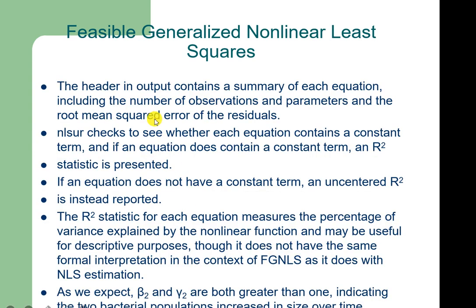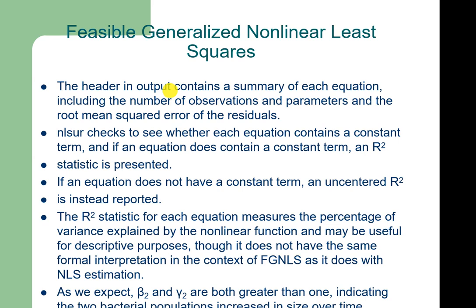The header in the output of the regression contained a summary of each equation, including the number of observations and parameters, and the root mean square error of the residual. NLSUR checks to see whether each equation contains a constant term or not.